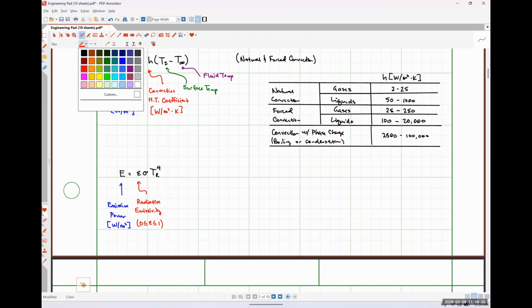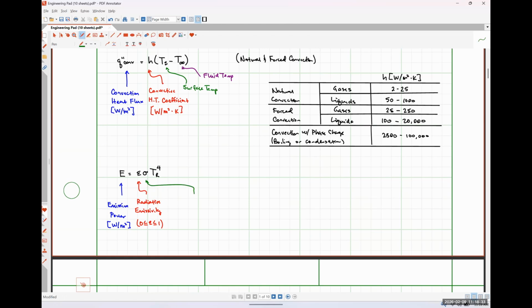Then sigma is going to be the Stefan-Boltzmann constant. Having a value of 5.67 times 10 to the minus 8 watts per meter squared Kelvin to the 4th power.